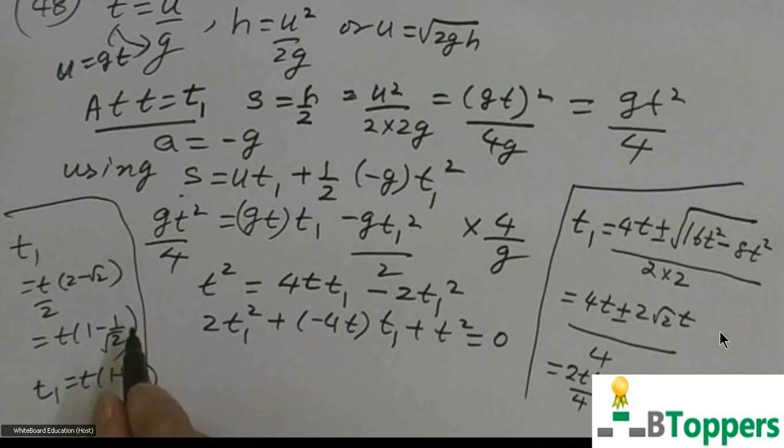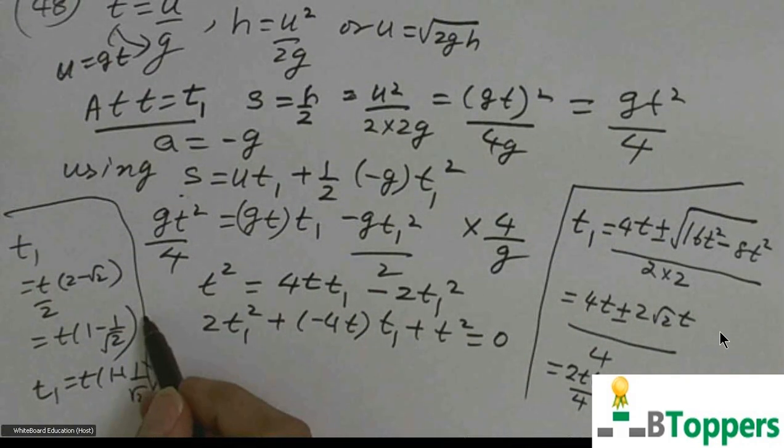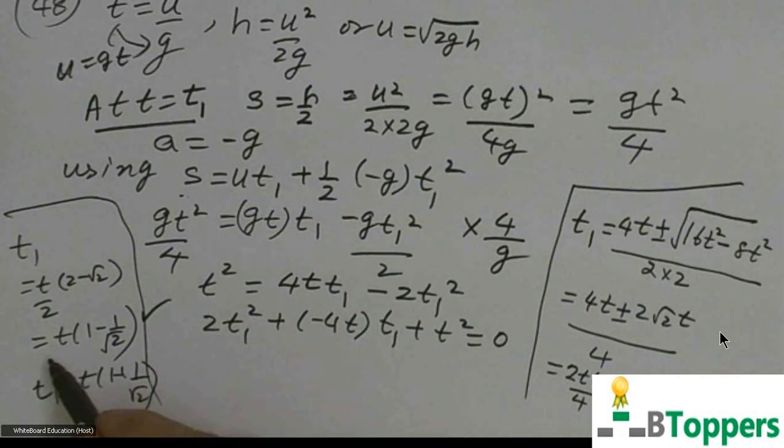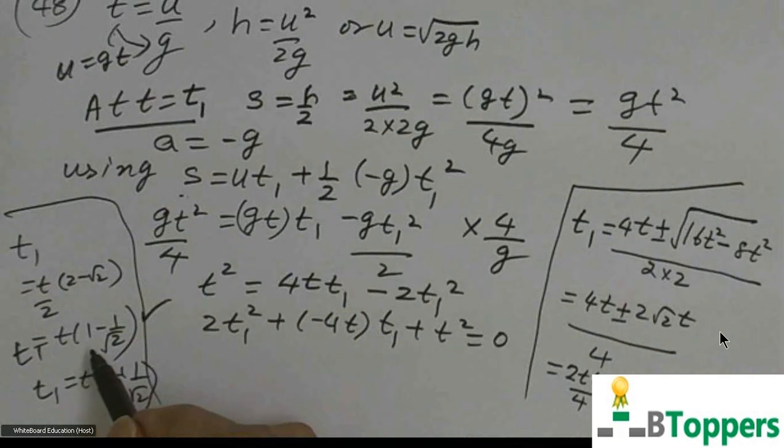That means the body will be at half of the maximum height for the first time during ascent at the instant t1 equal to t into 1 minus 1 by root 2. The body will be at the same height, equal to half of the maximum height, at the later instant during descent, that is at the instant of time t into 1 plus 1 by root 2.